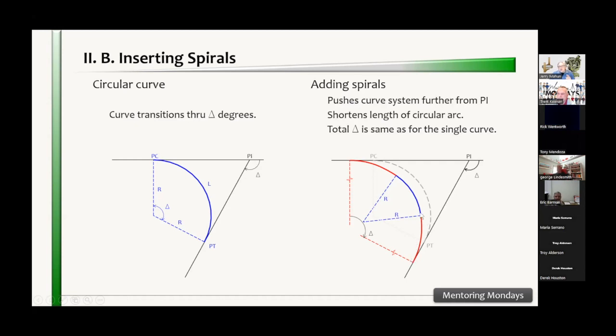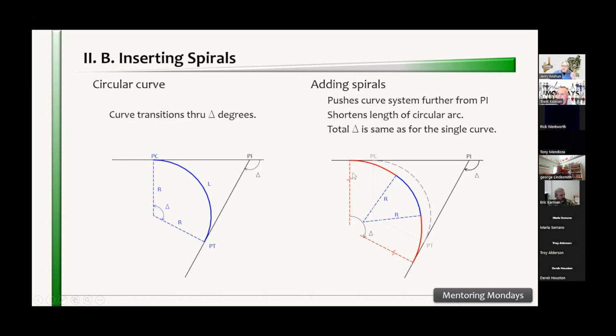The other thing that happens with that curve is it becomes shorter. It's no longer this length right here. And because it's become shorter and we're keeping the same radius, its central angle decreases. So instead of being delta, like it was there, it becomes something less than delta.